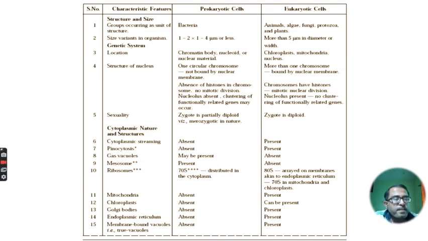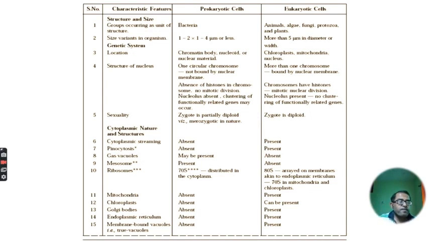In case of eukaryote, there is no clustering of functionally related genes, means they are far apart from one another. In case of prokaryotic cells, the zygote is partially diploid, while in the case of eukaryotic cell, zygote is diploid.